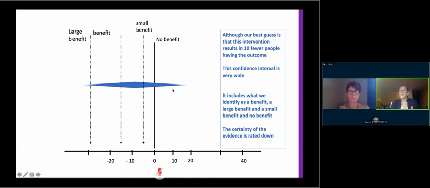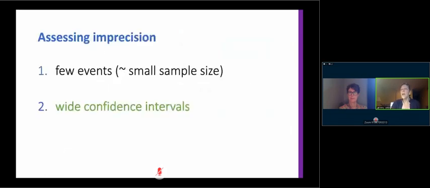And so when we assess the certainty of our evidence and imprecision, when we get something that looks like this, where it's crossing over and the confidence intervals include chances of benefit, small benefit, no benefit, and large benefit, in those cases, that's when we would rate down for imprecision. And that's part of the decision-making process, because people always ask, well, how wide is a wide confidence interval?